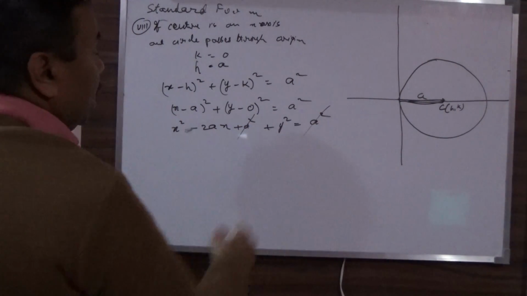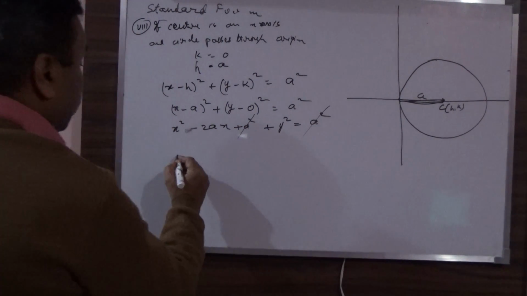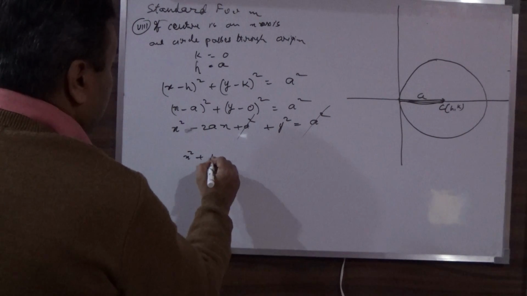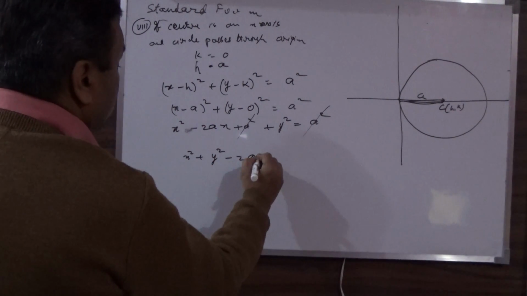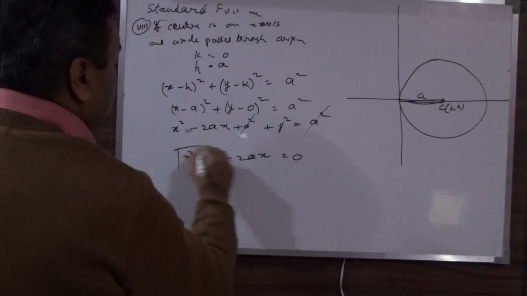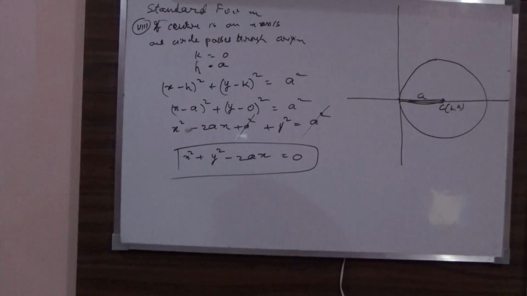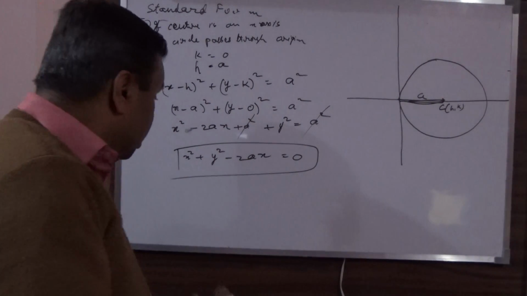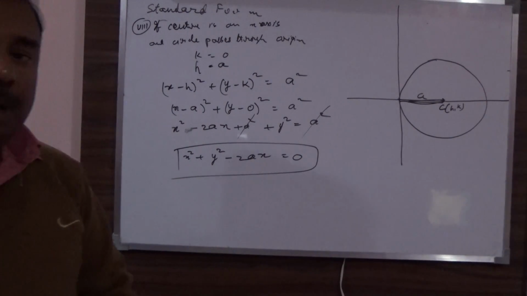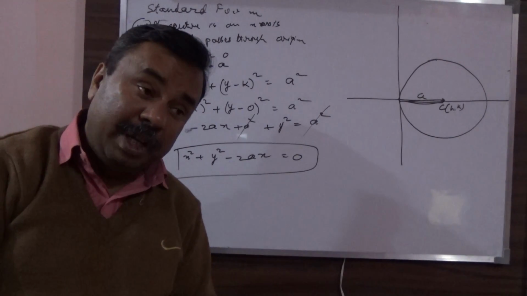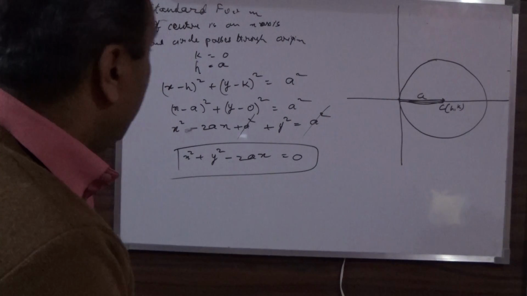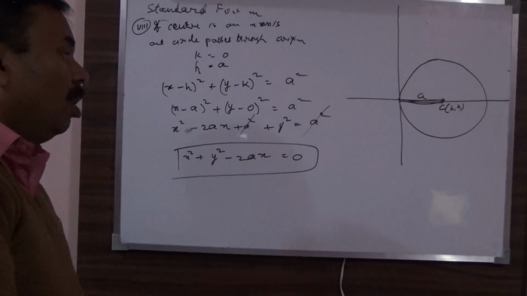This a square will get cancelled and your equation becomes x square plus y square minus 2ax is equal to 0. So this is the equation of the circle whose center is on the x-axis and which is passing through the origin.